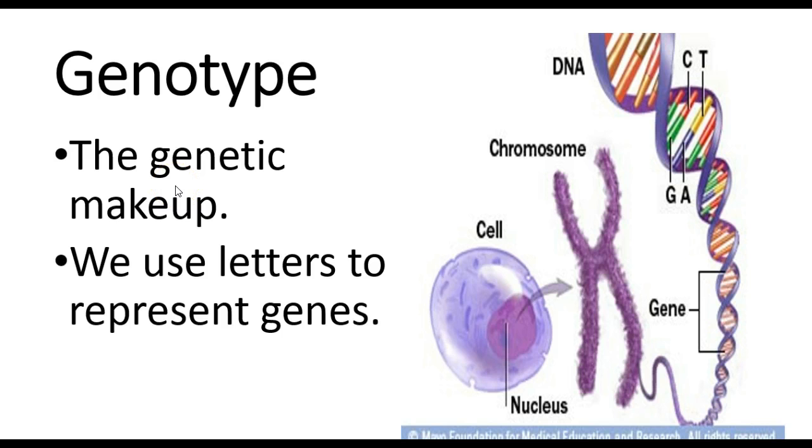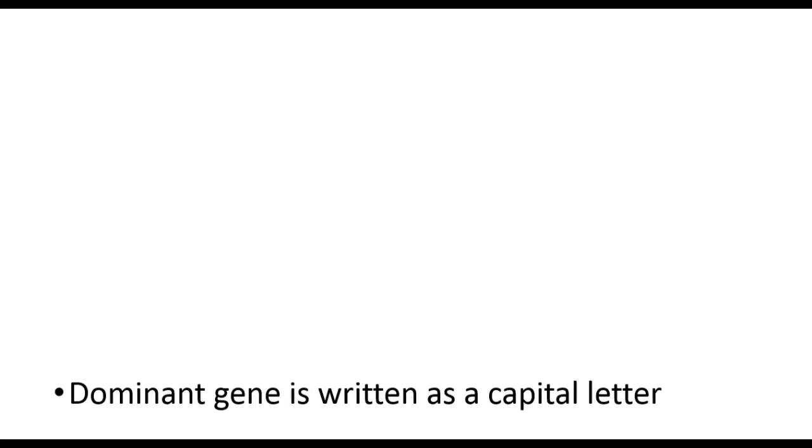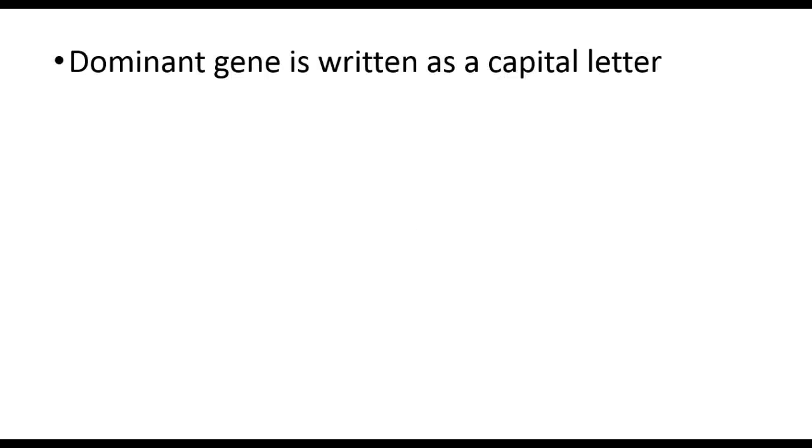And just like in math, if there's an unknown number, we use variables to determine the unknown number. In science, we use letters or alphabets to represent unknown genes. And that gene is called a genotype. There are different types of genes. One type of gene is a dominant gene, and dominant genes are written as capital letters or uppercase letters.